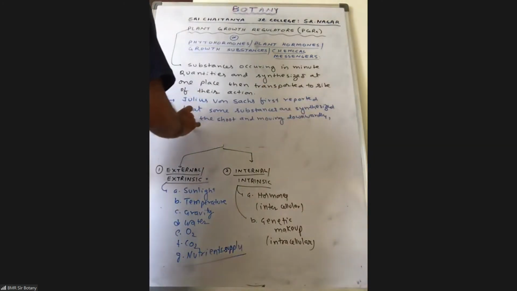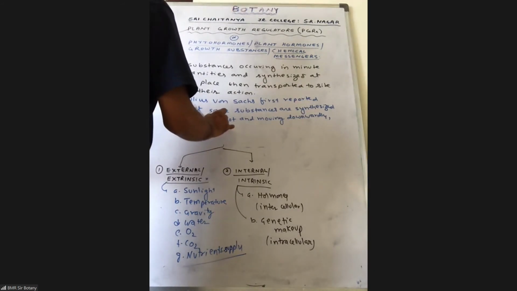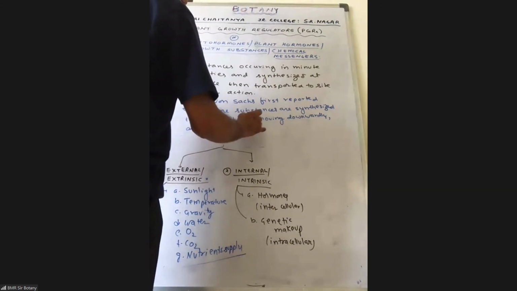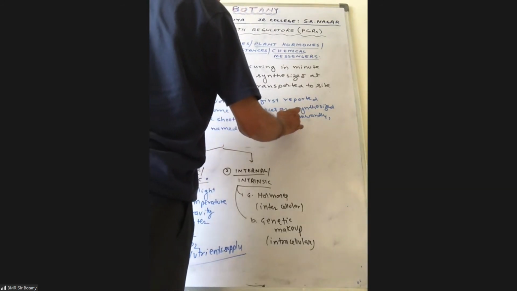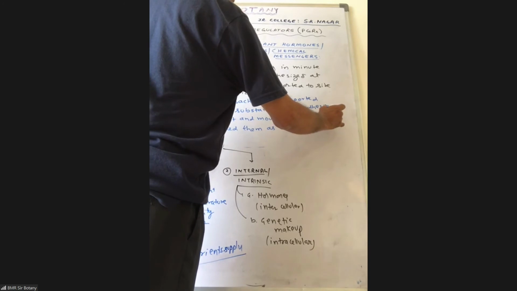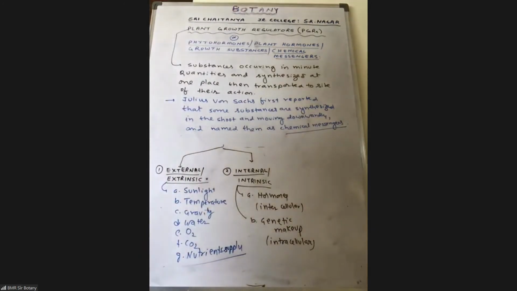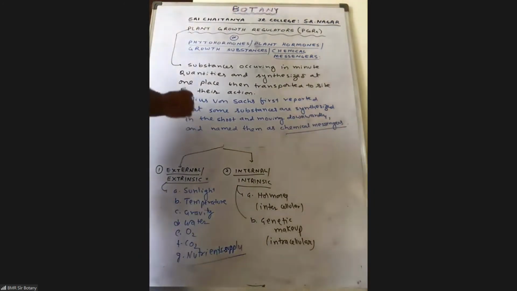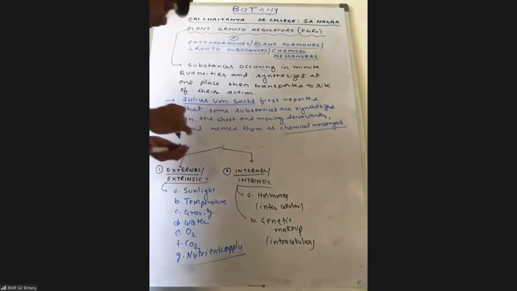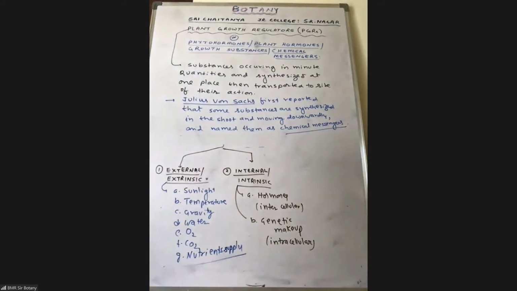He named them chemical messengers. If you remember, Julius von Sachs was also associated with hydroponics in the mineral nutrition chapter. The technique of hydroponics was developed by Julius von Sachs. The name you are going to come across again in relation to photosynthesis also.